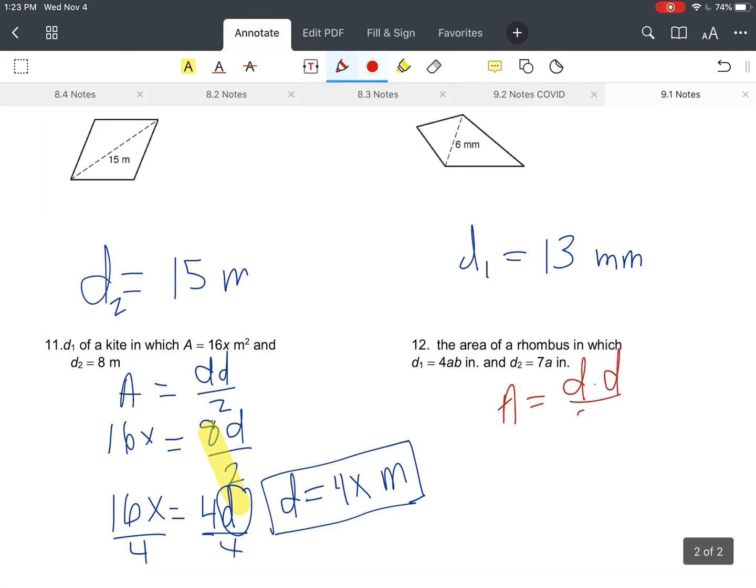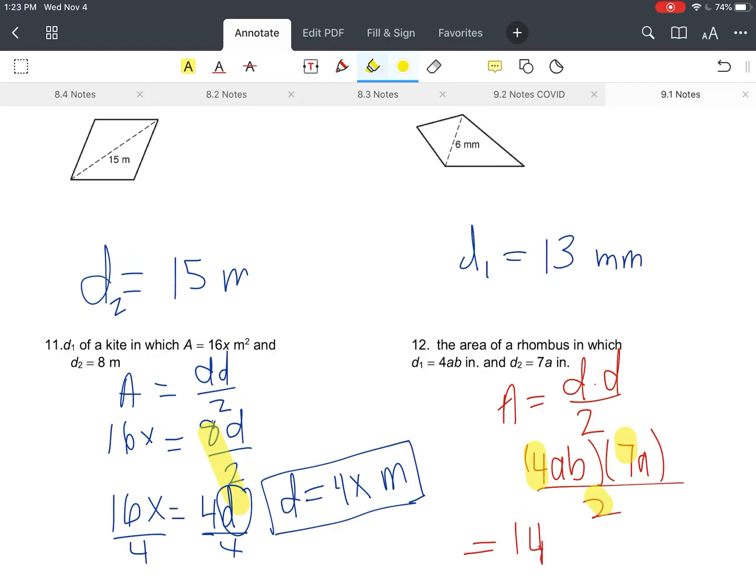Last one, find the area of the rhombus. So again, area is D times D divided by 2. Where D1 is 4AB, so I'll substitute that in. D2 is 7A, all over 2. Well, we can combine and multiply things. I can multiply 4 and 7 together to get 28.